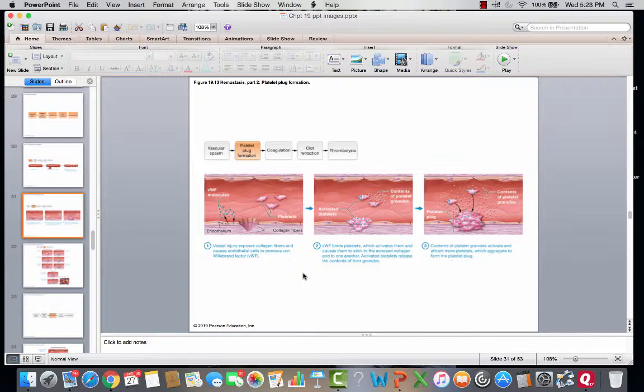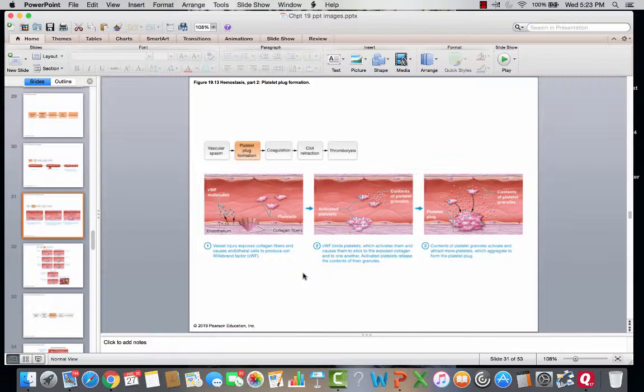They're going to stick to exposed collagen in the injured tissue underneath. Basically, we're breaching the endothelial cells and exposing the platelets to the connective tissue and the collagen fibers underneath.